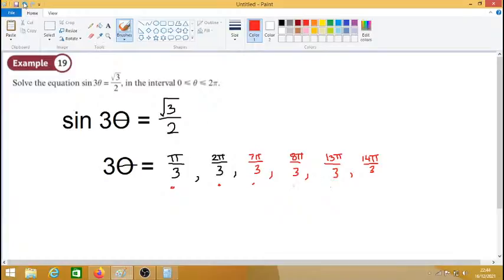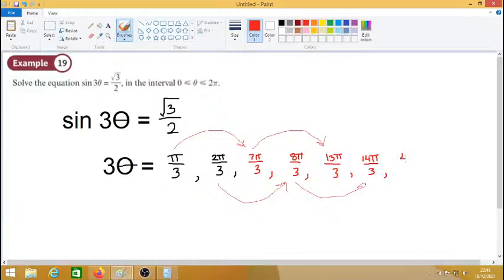So you just have to keep adding 2 pi, but you just have to appreciate that it's always going to give you the one after the next answer. So adding 2 pi gets you the next answer. As long as you've got your first two, then the rest should be quite easy.